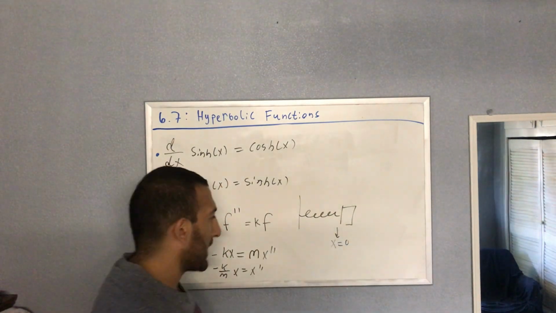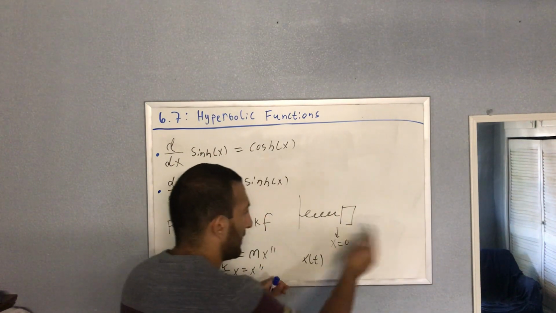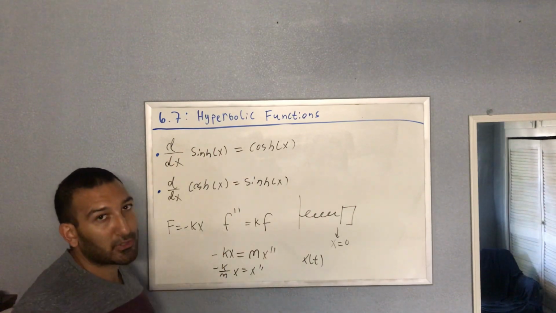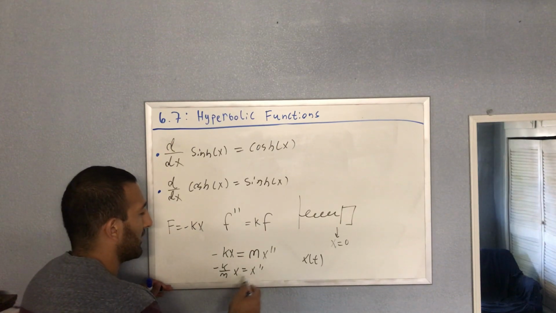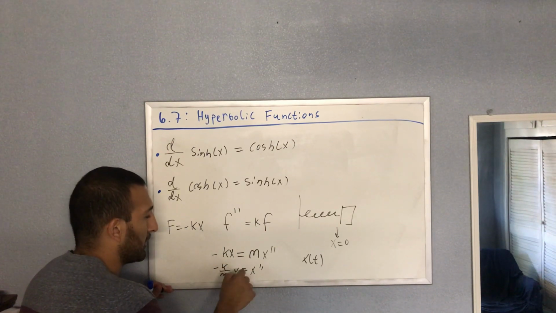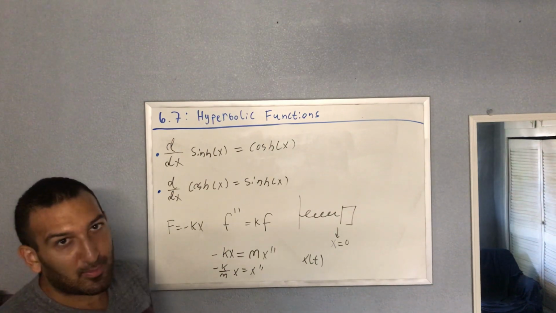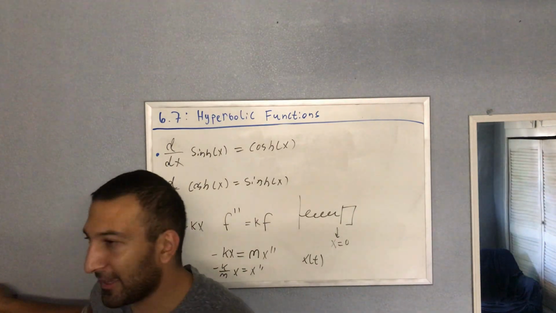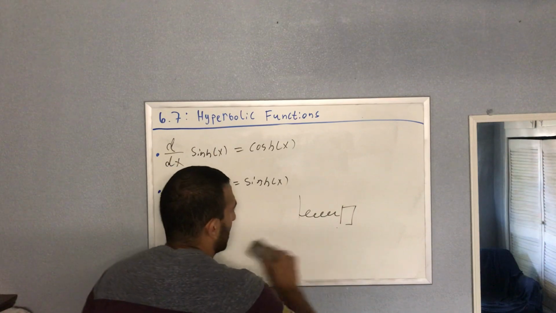Because if you knew what x as a function of time was, you would know where the spring is going. And the answer to that is these kinds of functions, because they have this exact property, that their second derivative is some constant multiple of the original function. And so yeah, hyperbolic sine and cosine can model a lot of stuff, and maybe you could just see that already, but that's just a little side note right there.